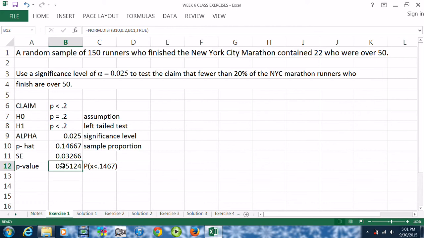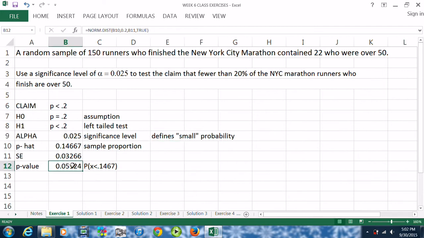0.05124. Now we need to know if that is a small probability, because small probabilities mean this would be unlikely under the assumption. We are defining small by our significance level alpha. So our significance level alpha defines small, and that's 0.025. So I'll write here to remind you that this defines a small probability.